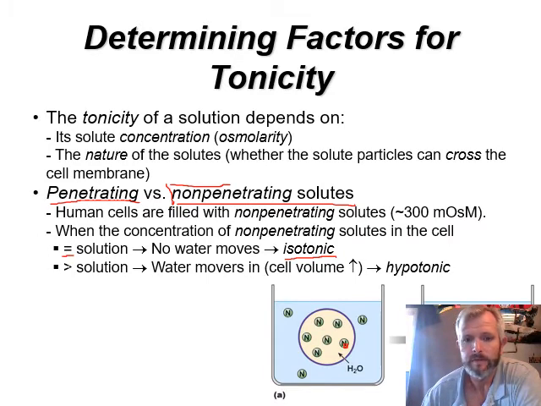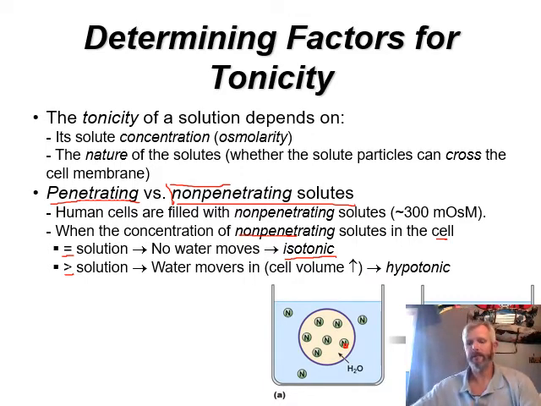What if the cell has a greater amount of non-penetrating solutes than the solution? Remember, osmosis is going to take place towards the side that has the greater amount of non-penetrating solutes. In this case, it's inside the cell, so water is going to move into the cell and swell it, and any solution that swells the cell is hypotonic.